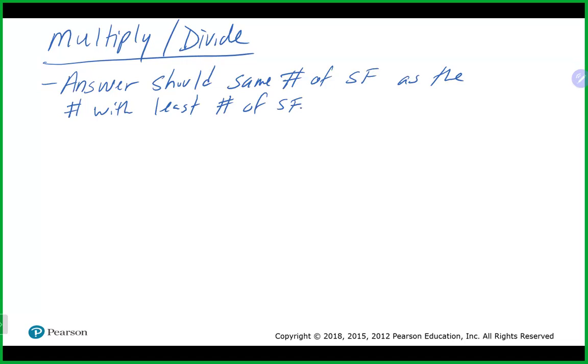So if you multiply or divide, what you're looking for is significant figures. You're looking for whatever number in that calculation has the least number of significant figures, and your answer should reflect that. So for example, if I took 0.04320 and I times it by 146, let me do that, 0.0432 times 146.